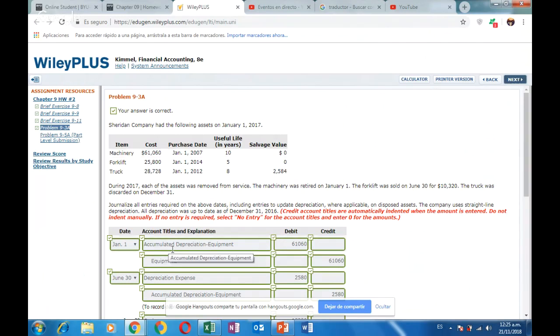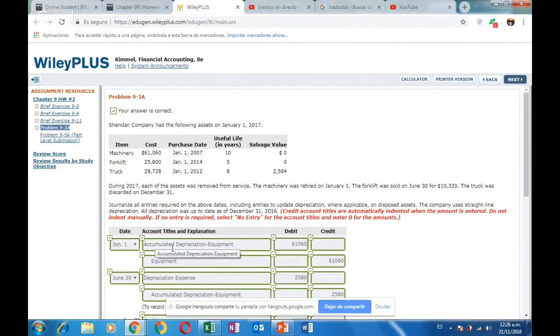So the machine has been fully depreciated because its original cost is this. And in this case the machinery was retired on January 1st.